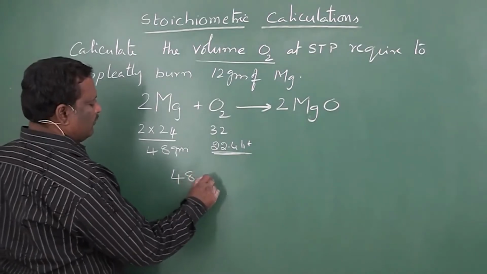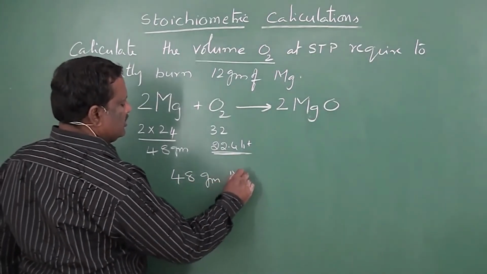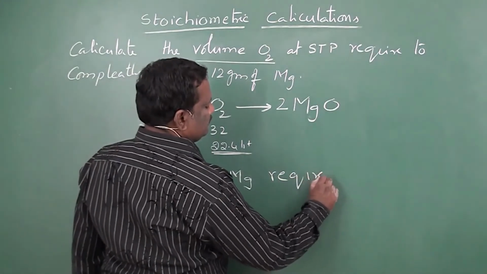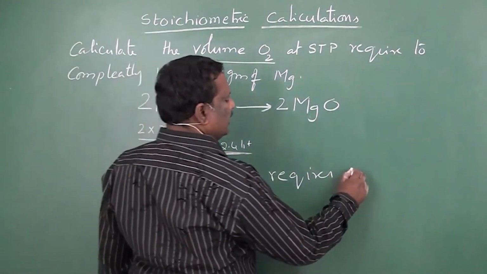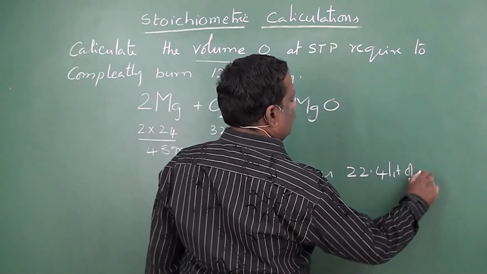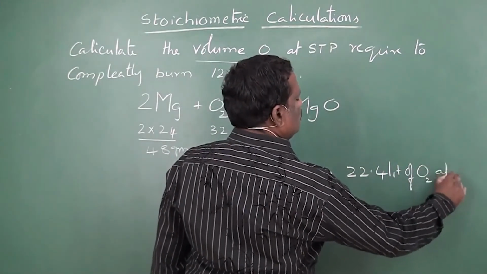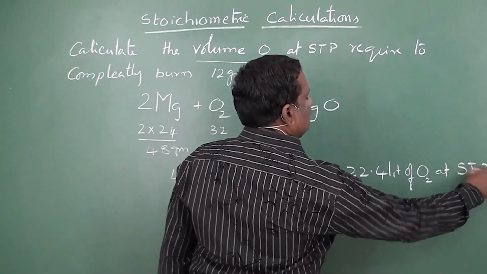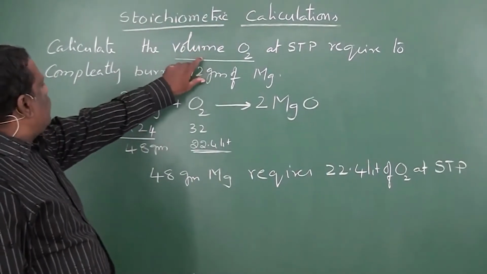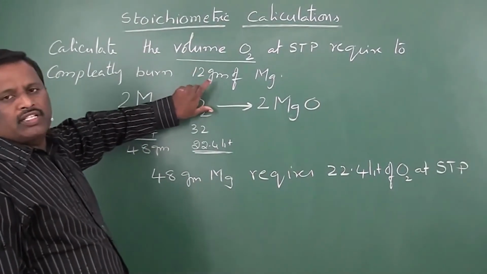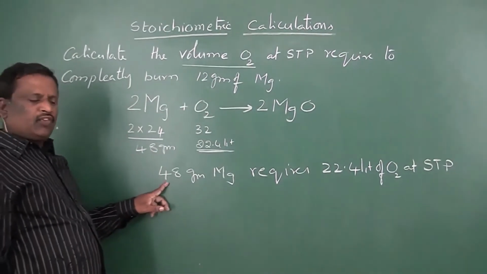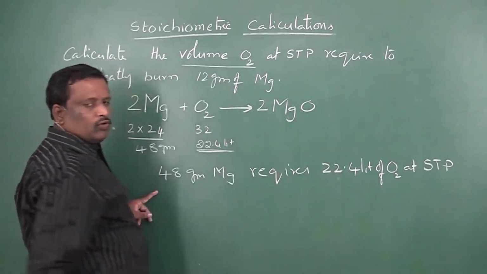48 grams of Mg requires 22.4 liters of O2 at STP. Now what are they asking? The volume of O2 required for the combustion of 12 grams of Mg. Here for 48 grams of Mg, you require 22.4 liters.